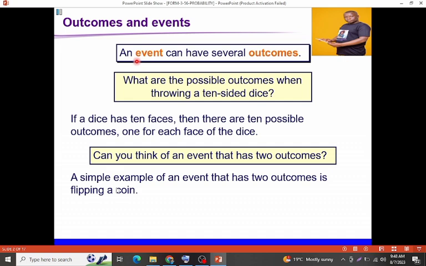So we are saying a simple example of an event that has two results or outcomes is flipping a coin.